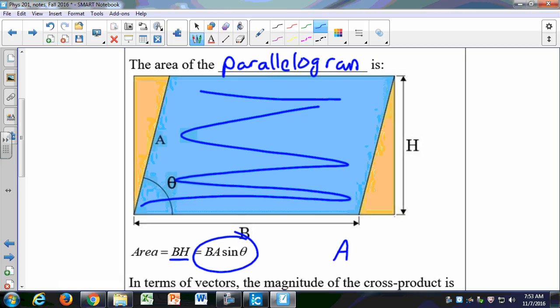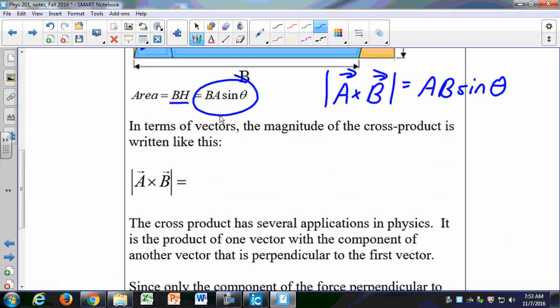So if I write A cross B, the cross product of vectors A and B, the magnitude of this is equal to AB times sine of theta.